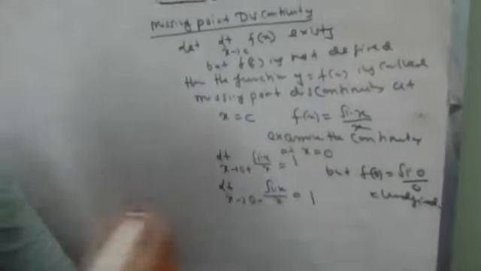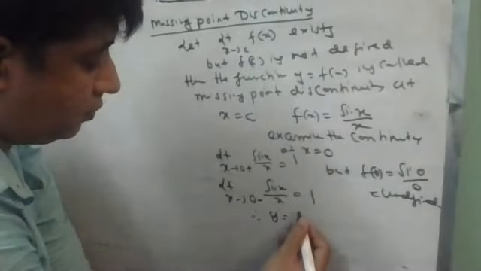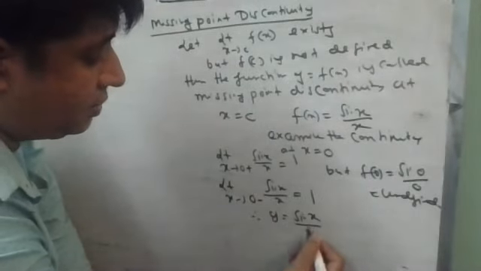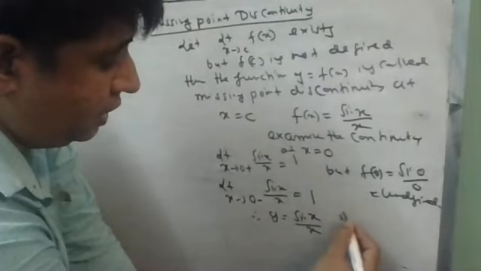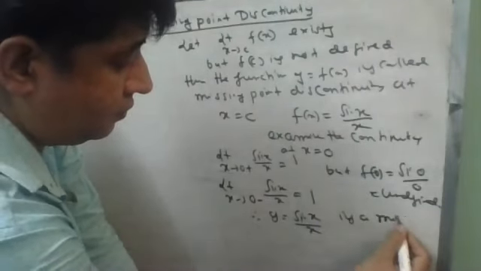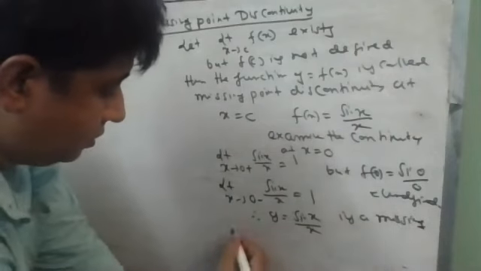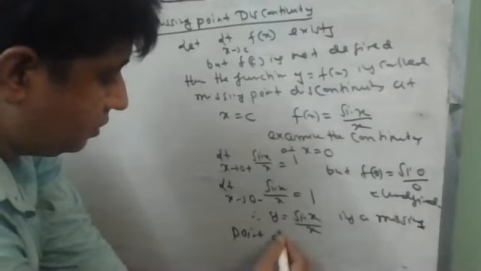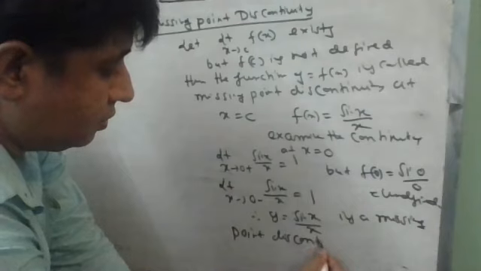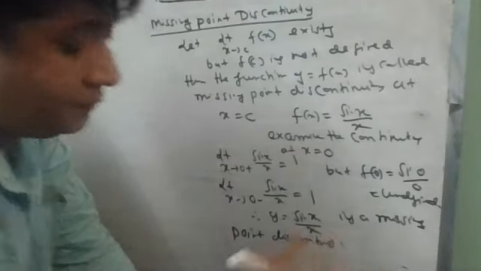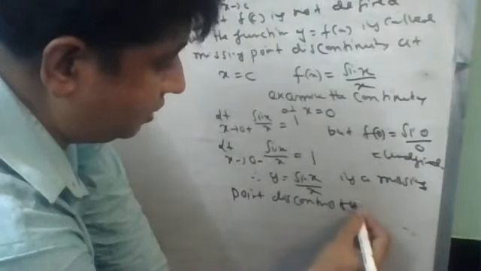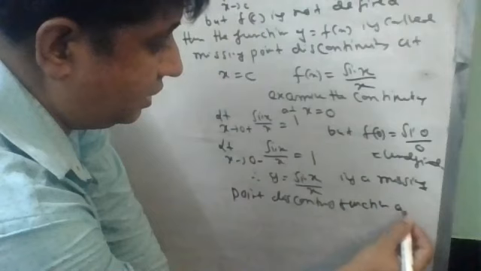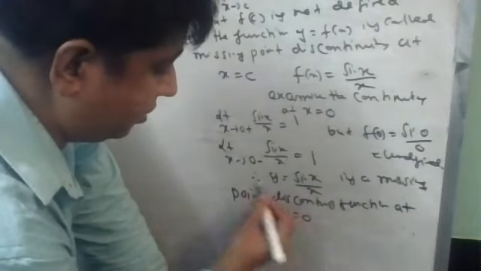Therefore, y is equal to sin x by x is a missing point discontinuous function at x is equal to 0.